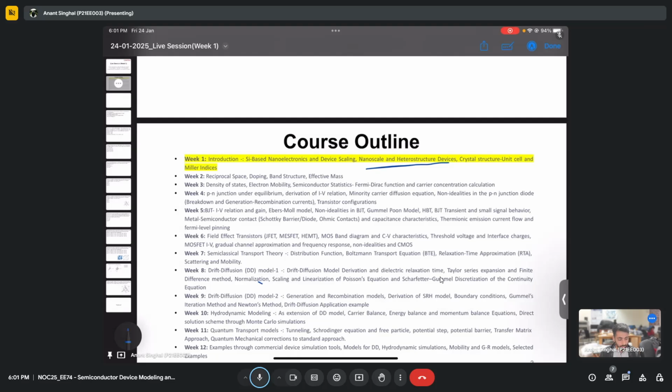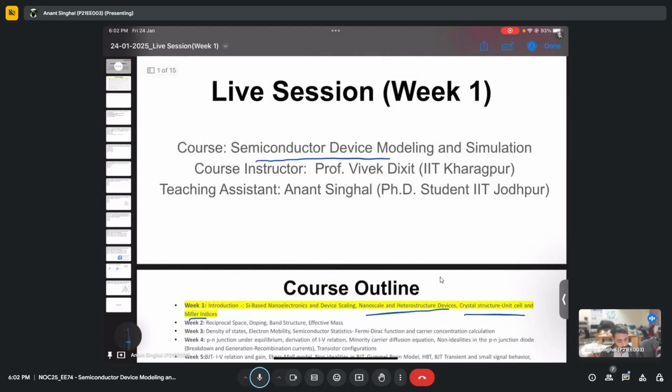Most of the problems given to you in the assignment will be related to crystal structure, what a unit cell is, and some problems from Miller indices. That will be covered this week. And before starting all this, we'll have a very brief introduction of what semiconductor device modeling and simulation is, and why it is important to go ahead.